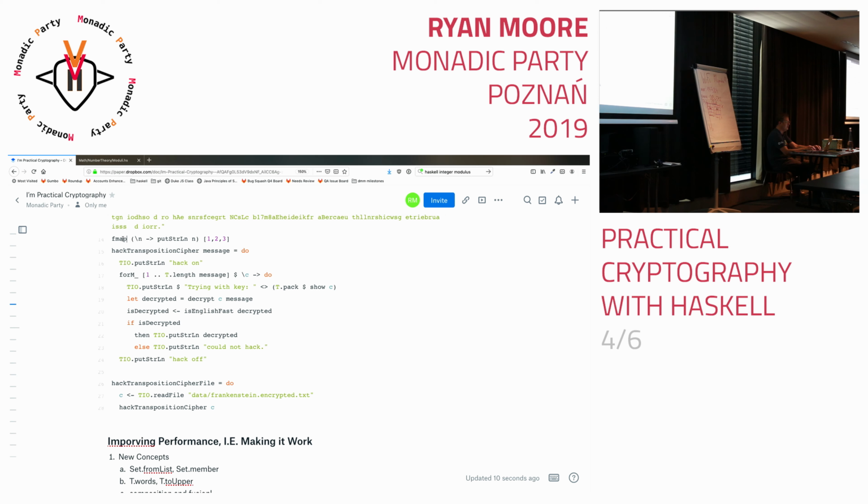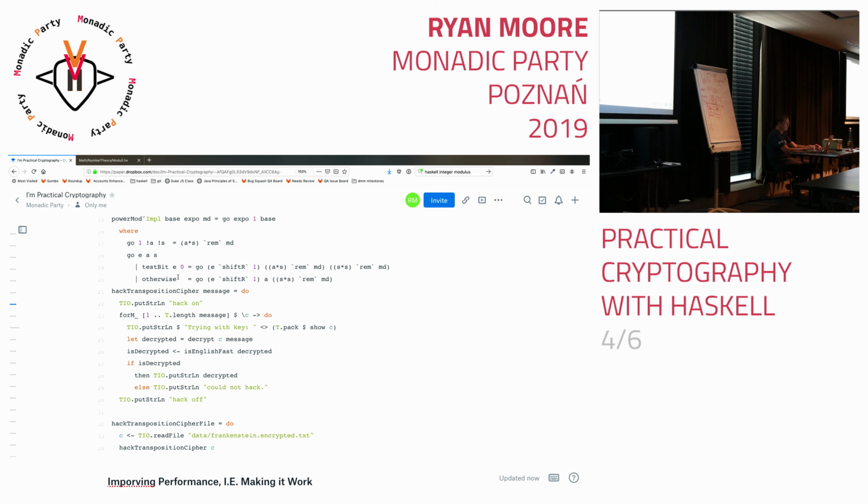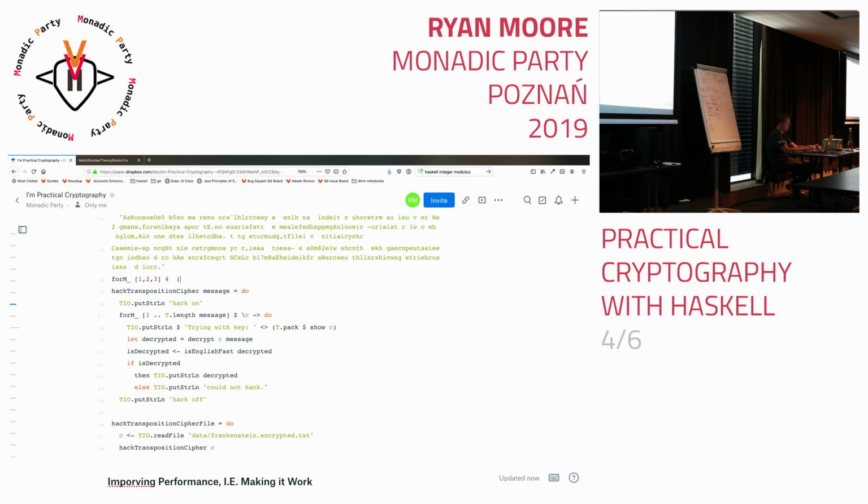And so there's a couple of options here, and one is to use this forM control structure, which takes a list of things, and then we can finish with a function that returns a monadic action. So that can come in pretty handy.